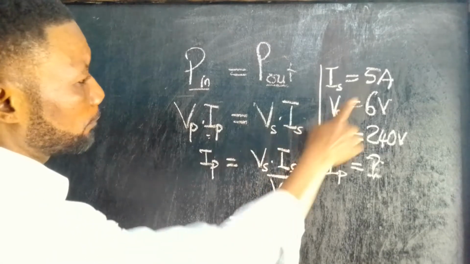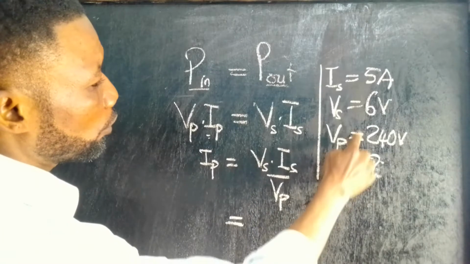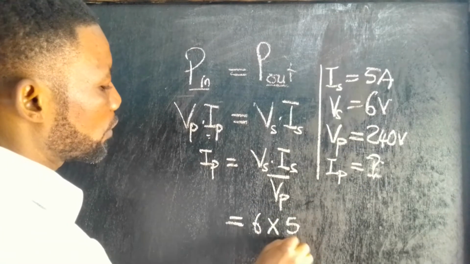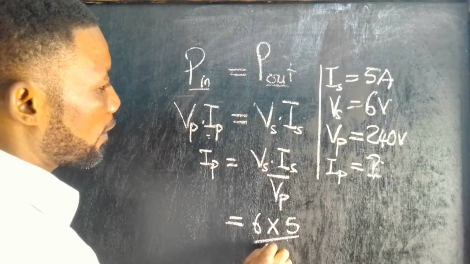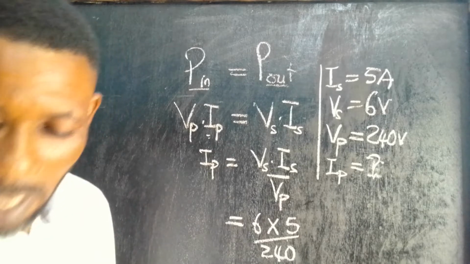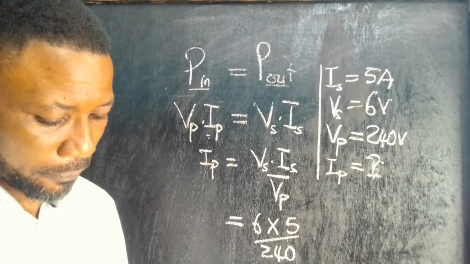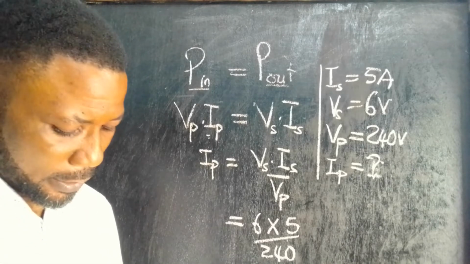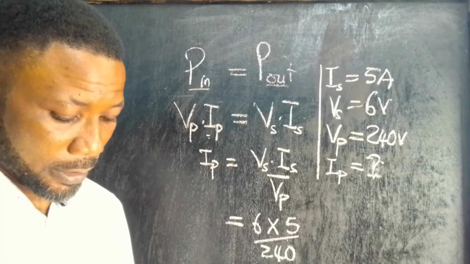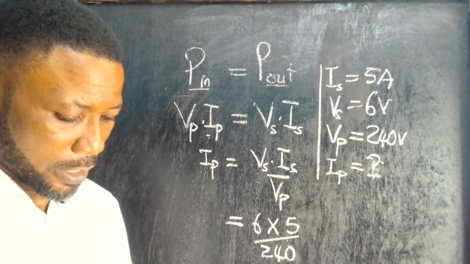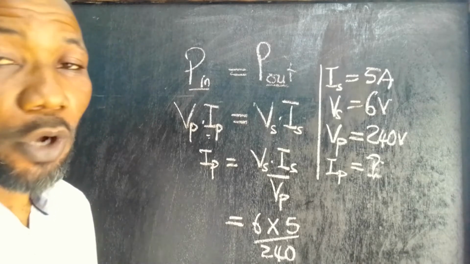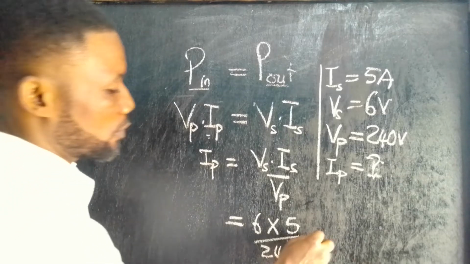We have 6 times 5 divided by 240 volts. 6 times 5 is 30, so 30 divided by 240 will give us 0.125 amps.